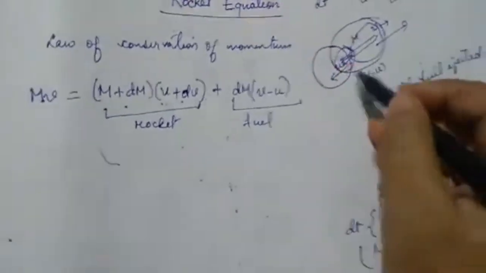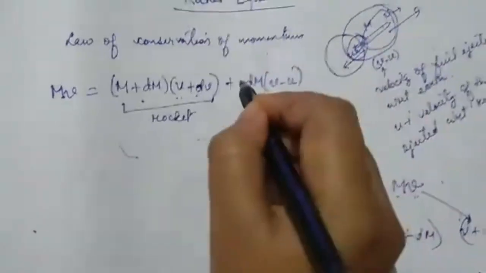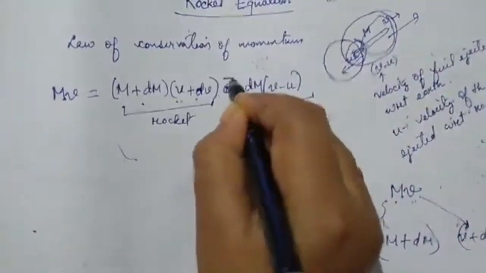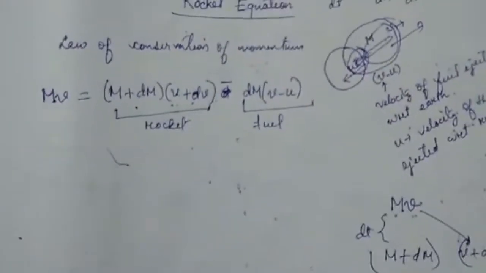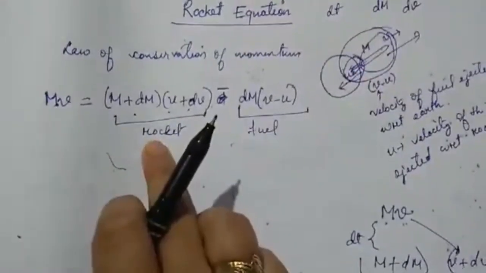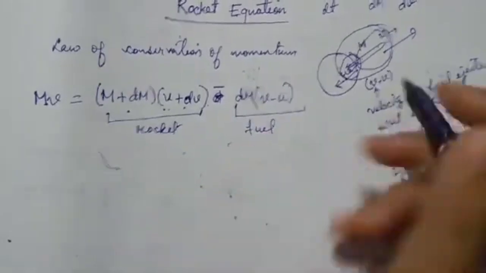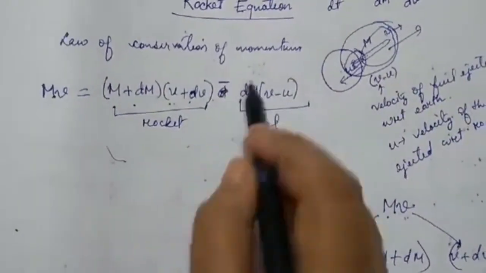But it is not in this direction, it is in the opposite direction. So the overall momentum contribution by the fuel will be negative, because this is with respect to earth away from earth, and this is with respect to earth but towards the earth, so there is an opposite sign.